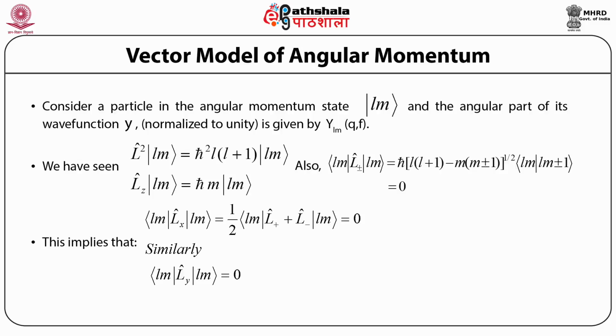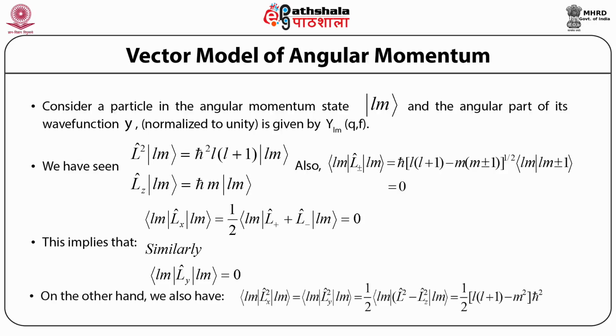Similarly, if we find the expectation value of operator Ly, that is the y component of the orbital angular momentum operator, we find bra vector Lm operator Ly ket vector Lm, and this also turns out to be equal to 0.